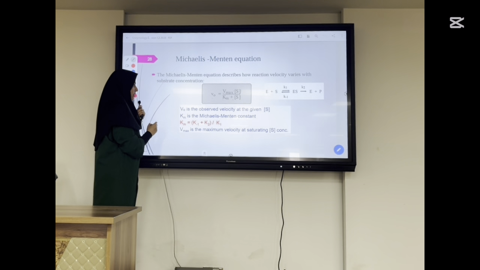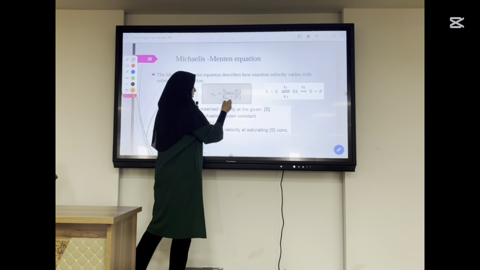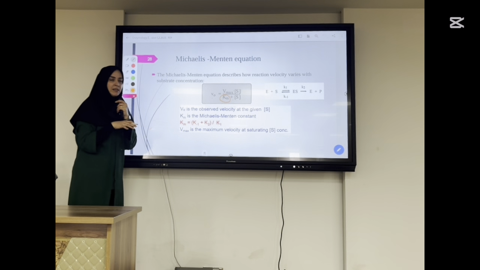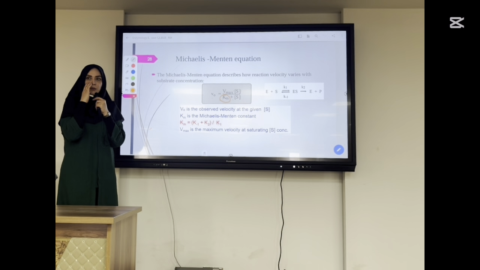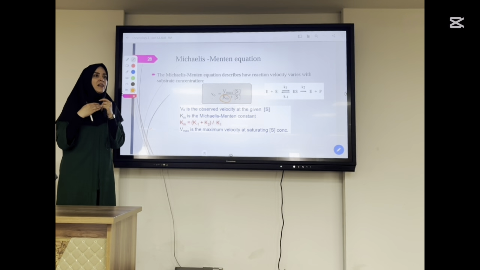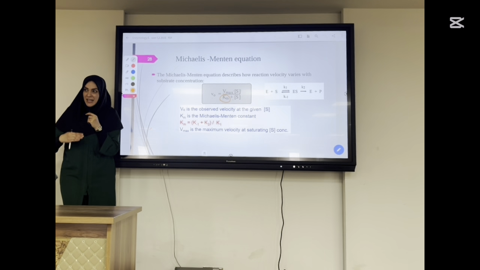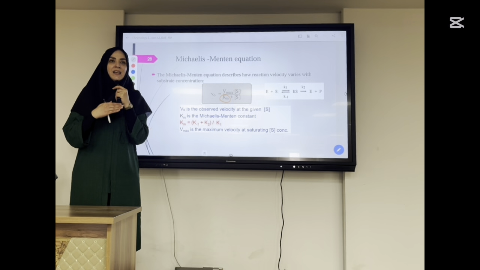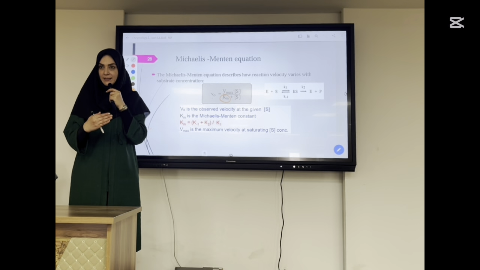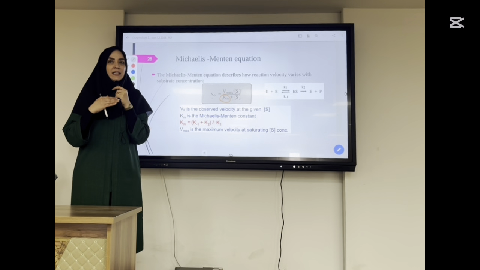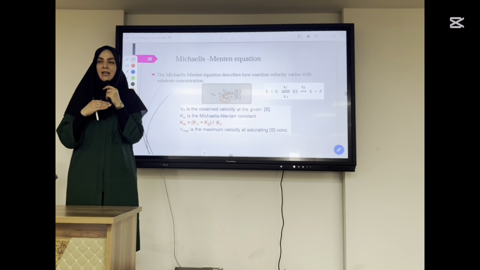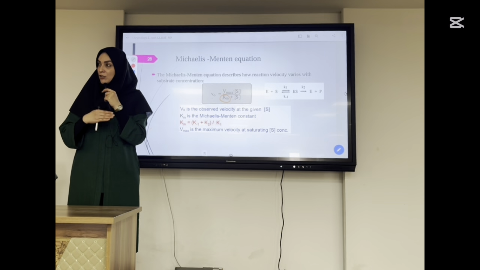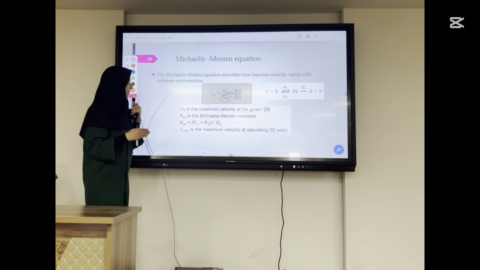Now you are familiar with the V0. What is the V0? This is the velocity or rate of reaction at the beginning time, from the start point. It's known as the initial velocity, the velocity of reaction that we measure at the start point of our reaction.